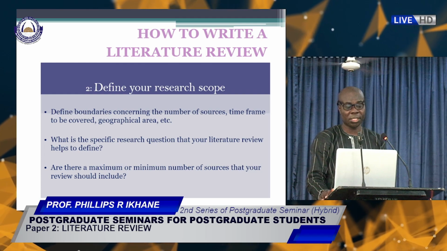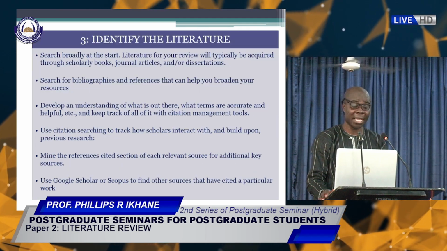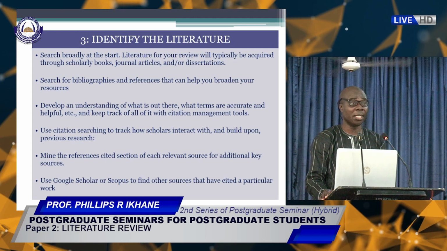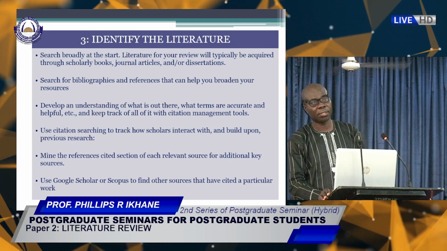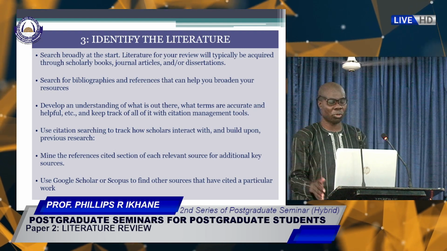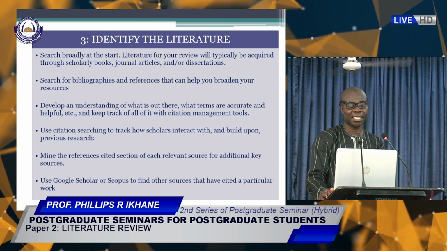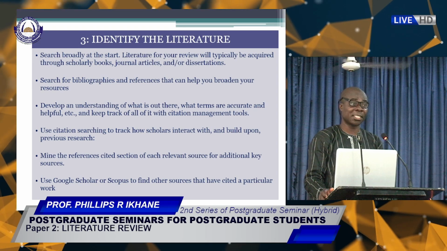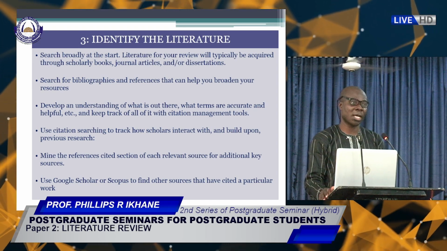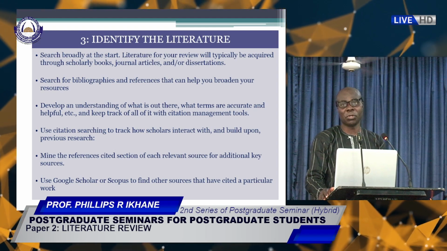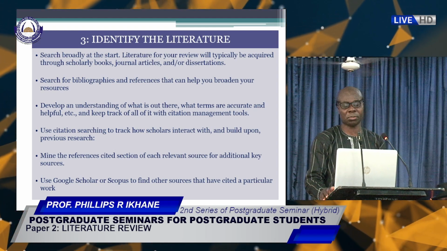The third thing is for you to identify the kind of literature you are going to use. So you need to search broadly. In searching, you need to go through scholarly books. You need to go through journal articles.